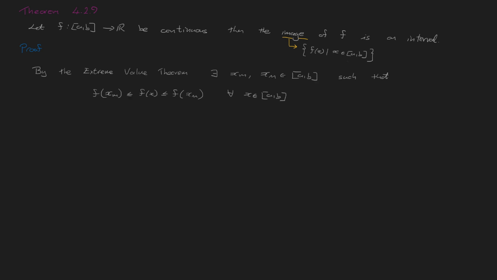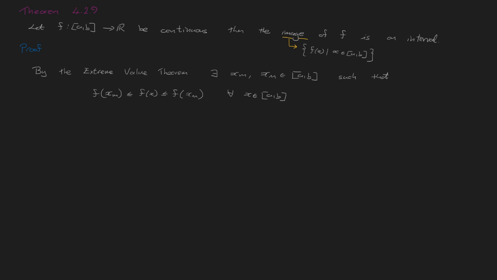And so, using the same notation as in the previous video, we know that there exist x little m and x large M, which lie inside the domain of the function, so that the function is bounded precisely. Of course, since x little m is inside the domain, f of x little m is inside the image, and similarly, so is f of x big M.